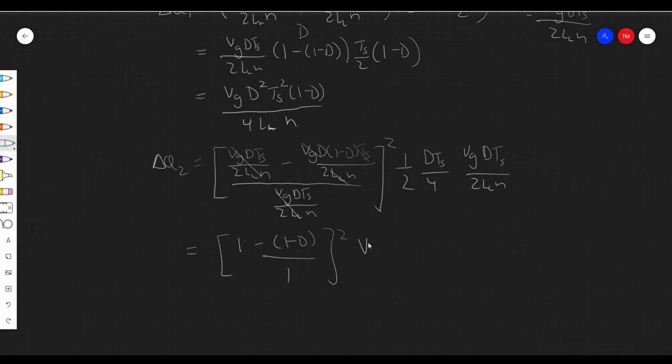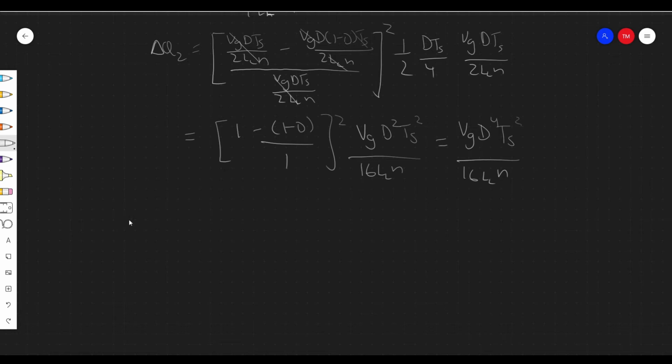And then we have Vg d squared Ts squared all over 16 L Ln. And this all simplifies to Vg d to the 4 Ts squared over 16 L Ln. So these are our two pieces, right?